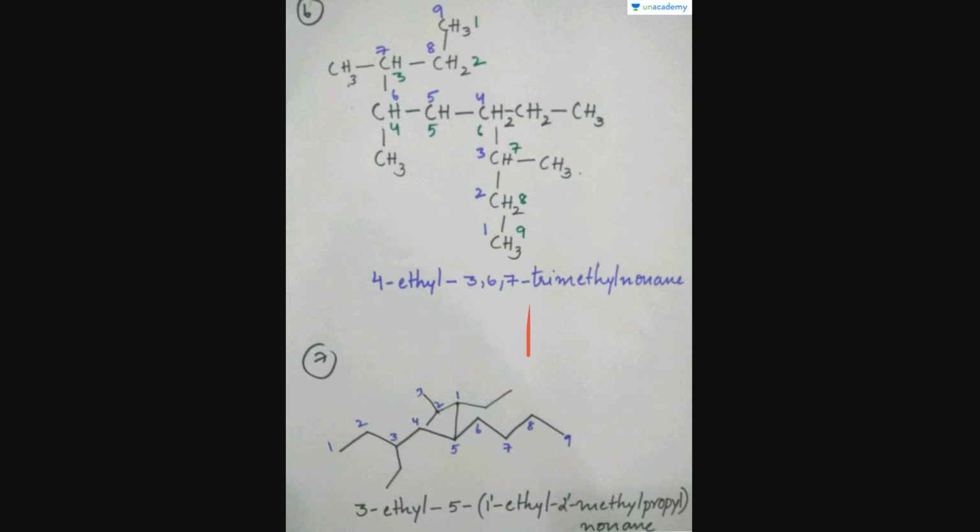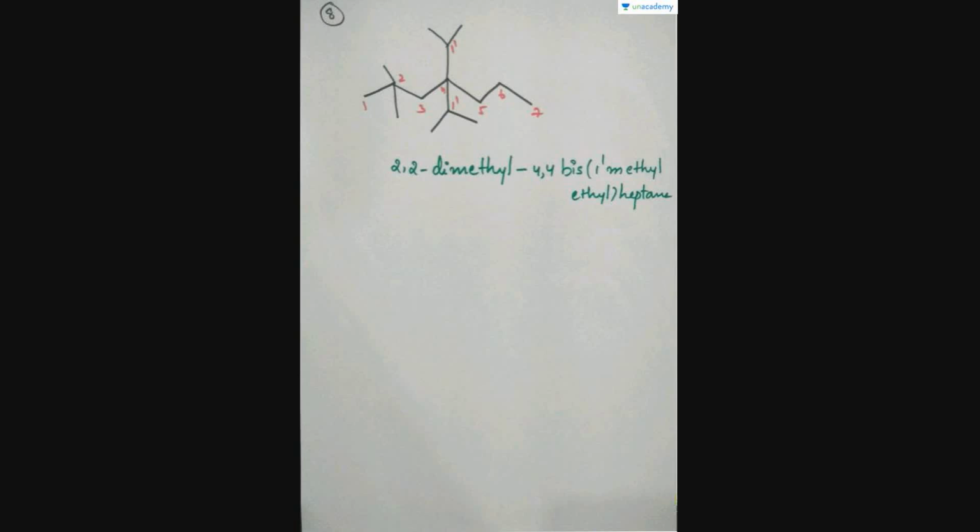For the 1' we have an ethyl group, and for the 2' we have a methyl group. So we write it as 1'-ethyl, 2'-methyl, and propyl. The parent chain has 9 carbon atoms, so it is nonane. So 3-ethyl-5-(1'-ethyl-2'-methylpropyl)nonane is the name of the compound.